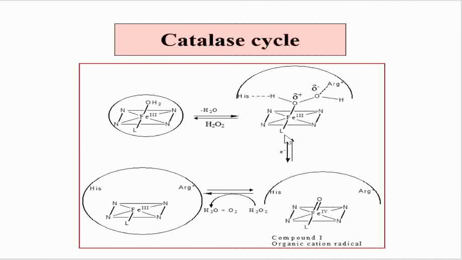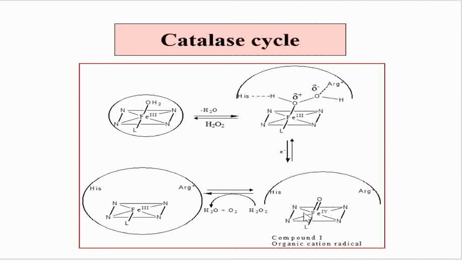This L is tyrosine here, while in case of peroxidase, it is histidine. So that after removal of the water molecule, this will convert into compound 1 again, which is having the 4 oxidation state of iron. This compound 1 can oxidize various kinds of molecules like H2O2, nitrite, formate, and ethanol.